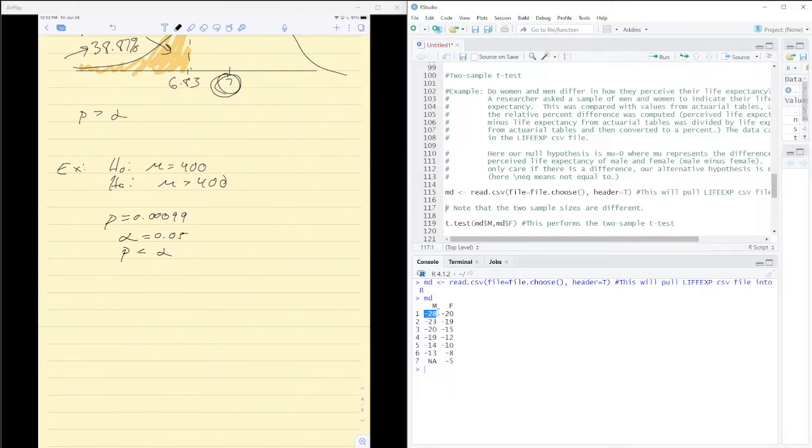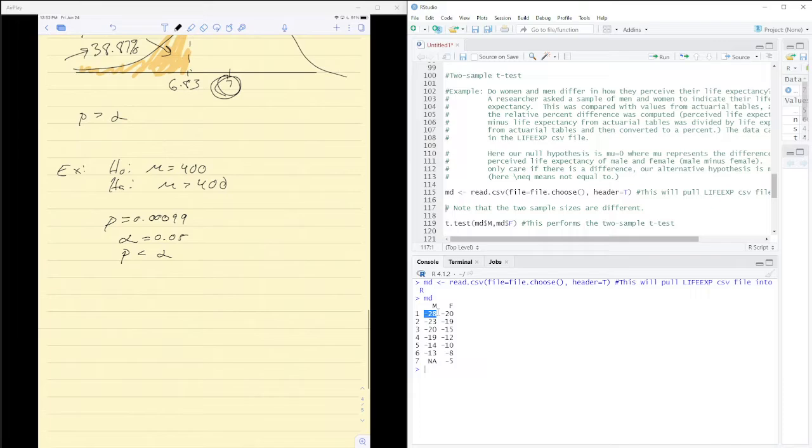So this is saying this person, their expected was 28% below what it actually is. This female thought her life expectancy was 20% below what it actually is, according to actuarial tables, and so on. And notice that these aren't all the same sample size, right? The male is a sample size of 6, female has sample size of 7, so the sample sizes don't have to be the same here.